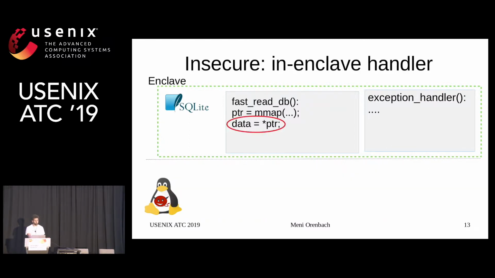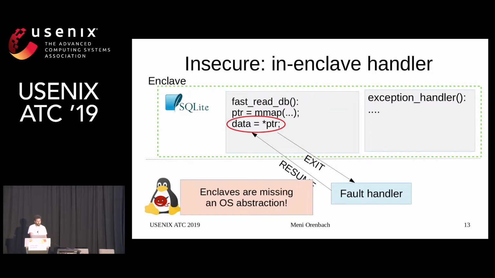The second problem is that every time you take a fault and move to the operating system, it might resolve the fault by itself, resuming and replaying the last instruction without the enclave being made aware that the fault handler never was executed. And the key point is that enclaves are really missing an OS abstraction that applications relied on.